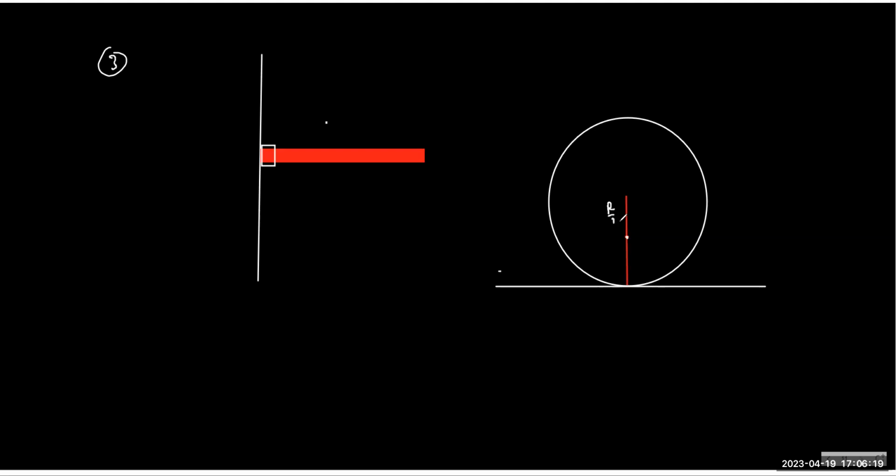The mass is the same, right? So when the block will be almost here, the center of mass of the system will go from here to here.